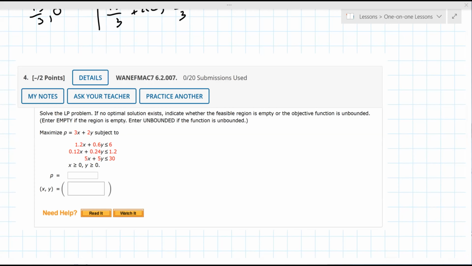So let me do the same thing here. I'm going to graph this again. So it's 1.2x plus 0.6y greater than or equal to 6, and 0.12x plus 0.24y, I'm flipping the inequality, greater than or equal to 1.2. And then we have 5x plus 5y greater than or equal to 30.